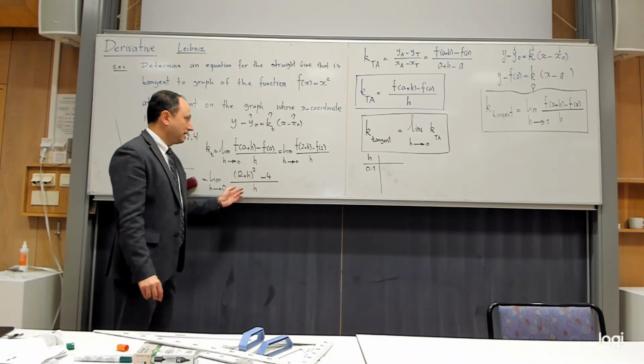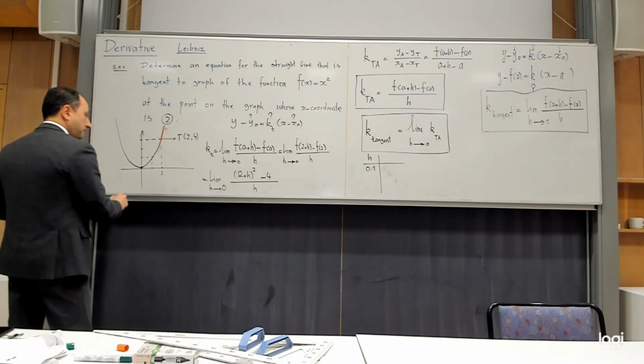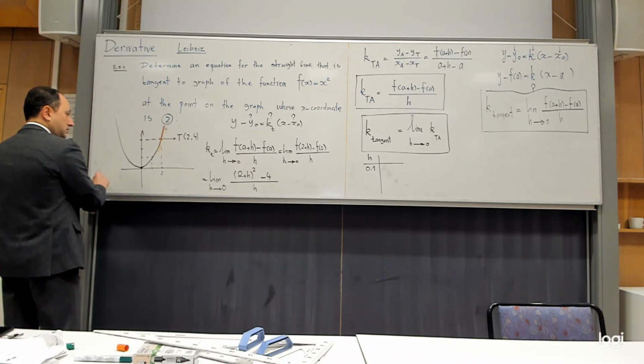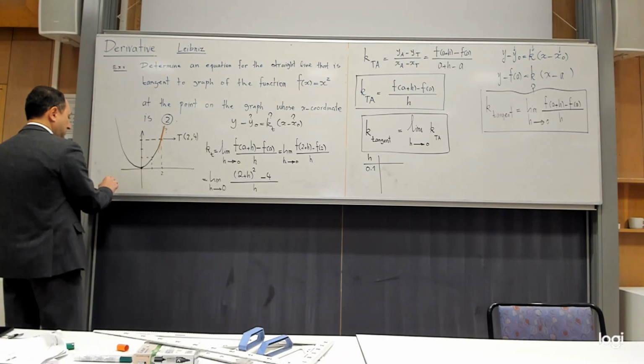I don't know what the value will be. Let me see. 4 plus 4h plus h squared, the 4 is gone.